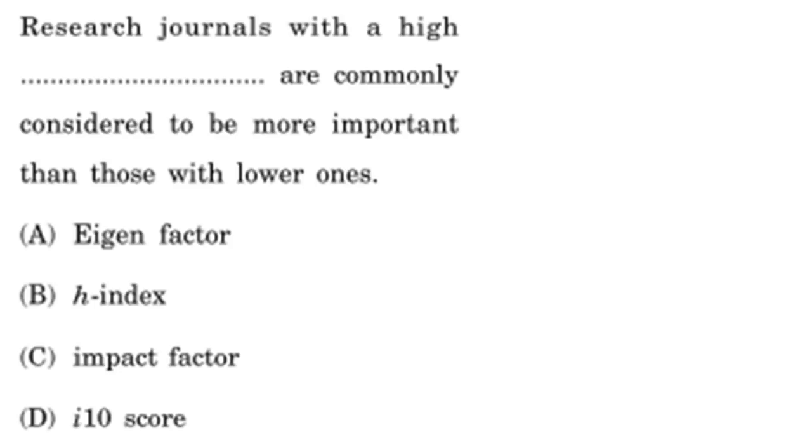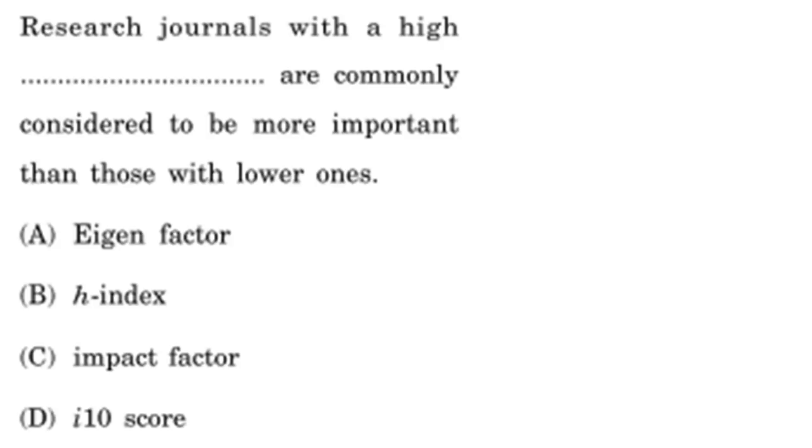The H index, option B, and I10 score are not about the impact of the journal. They are about the individual scientist. I10 is used for Google Scholar, and H index is a citation index for a scientist. So these two are ruled out.